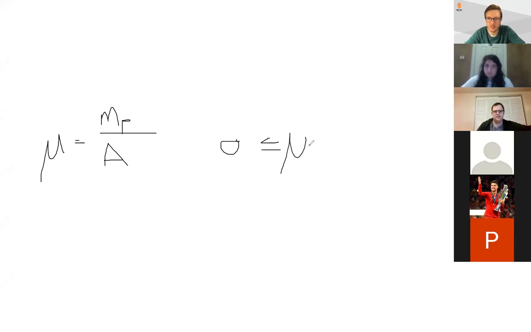Please forgive how bad this looks, it's hard to draw this with a mouse pad. So when mu is between 0 and 1, this means that A is a large value, larger than MP. And if A is larger than MP, that's going to indicate that we were able to shift.